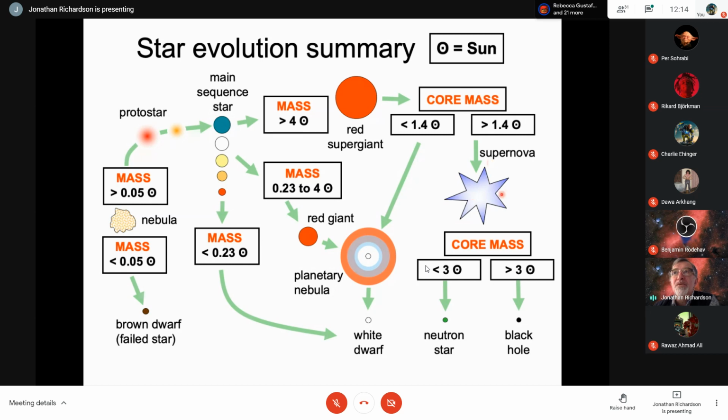A supernova, result of a massive super red giant, resulting in the formation of white dwarfs, neutron stars, or ultimately here, the black hole. So this now is a complete evolution summary of all types of stars, of all events that we currently have as mainstream events.